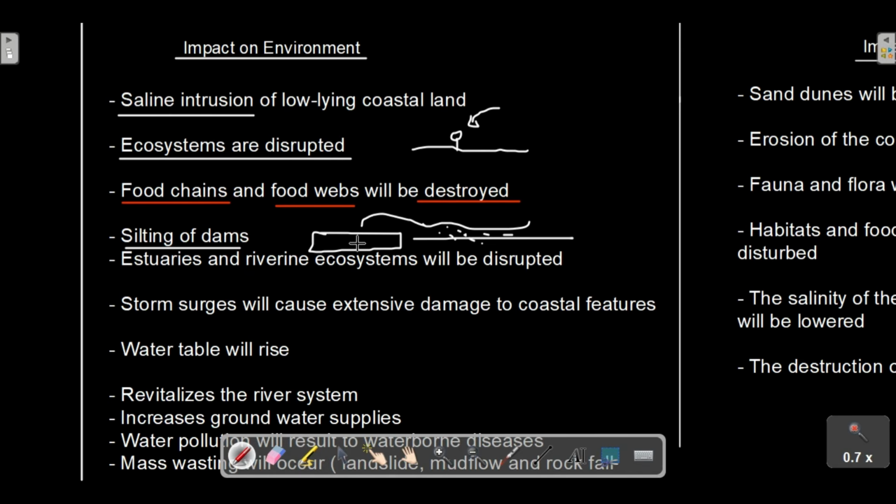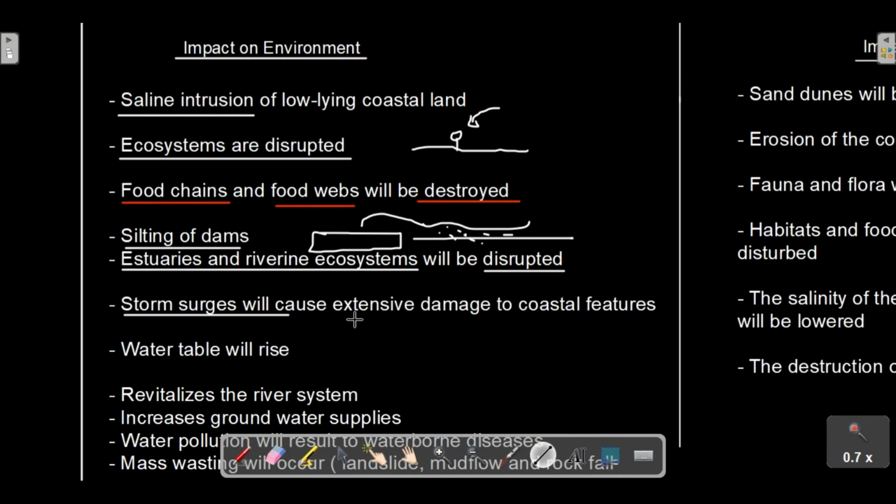Now it's going to be expensive to remove or to reclean that water again. Okay, so silting of dams affects the environment and is costly to repair. Okay, estuaries and riverine ecosystems will be disrupted. Okay, so that's that point, and that is a similar point.